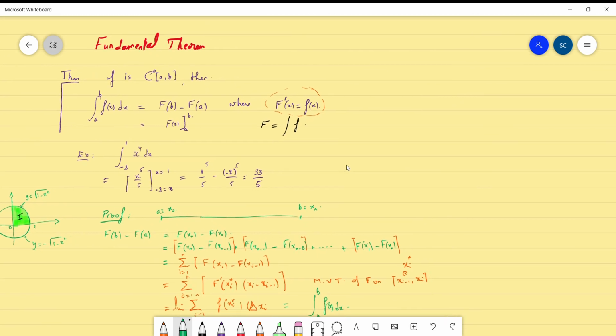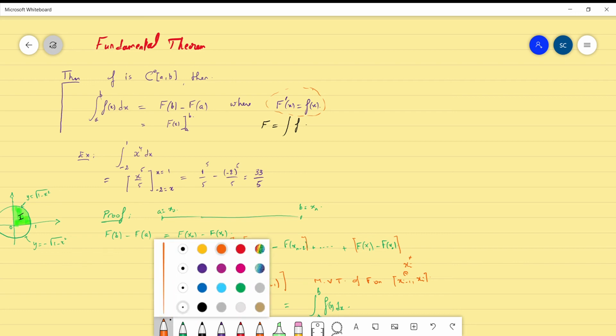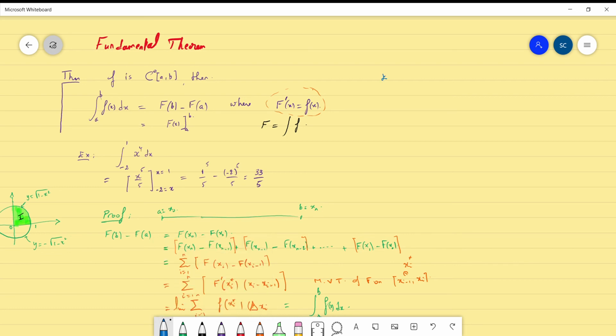Okay, so let's do one more example just to practice. The more you practice, of course, you will learn better, know how to do things, and explore different situations, because each case has its own difficulty.